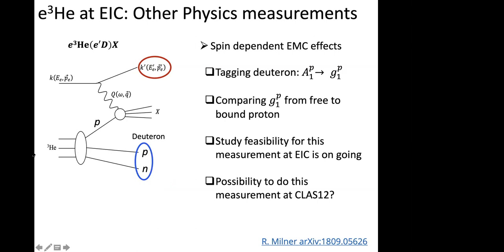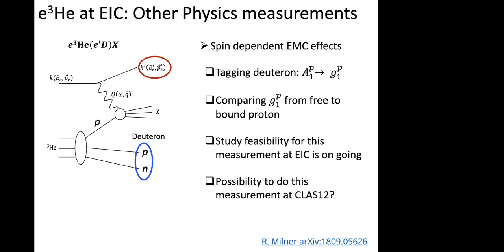If we tag the neutron, it means that the nucleon in the interaction is the proton. So now we can control the initial momentum of this proton, whether it is free or really off-shell proton inside helium-3. So with the tagged neutron, what we can measure here is the A1P from helium-3.